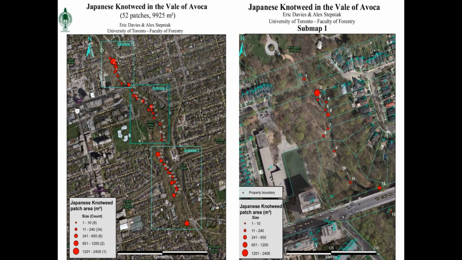If you zoom in on submap 1, that's that top one, that very large cluster of 1,200 to 2,400 square meters, the big circle is there right by the number 2 on the right here.